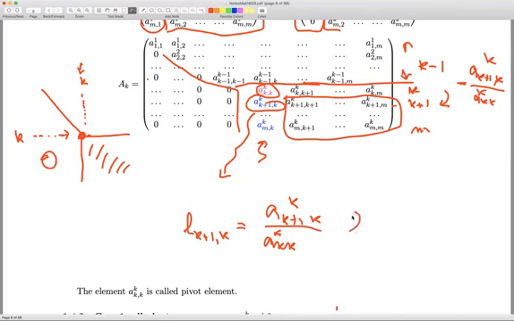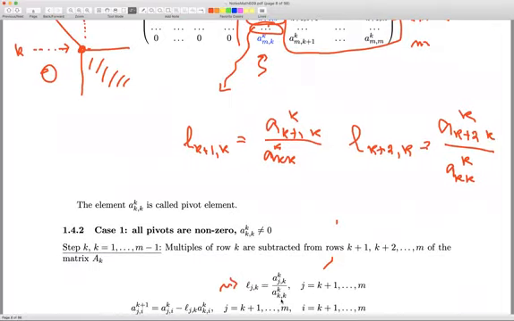Then what will be the next one? l k plus 2 k. It will be the element that stays on the k plus second row and kth column, so it will be a k plus 2 k divided again by the corresponding pivot element akk. And this is exactly what is written here.